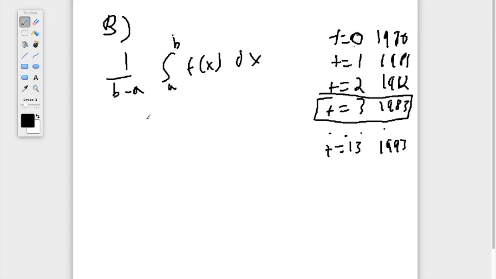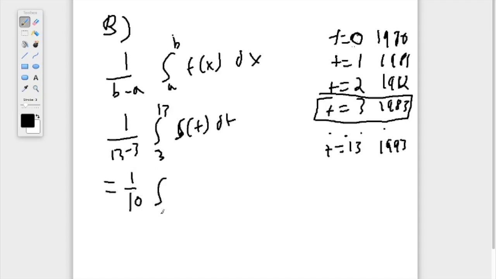Let's apply that. So you get 1 over 13 minus 3, and then the integral from 3 to 13 of S(t) dt. So that's just 1/10 times the integral from 3 to 13 of S(t).